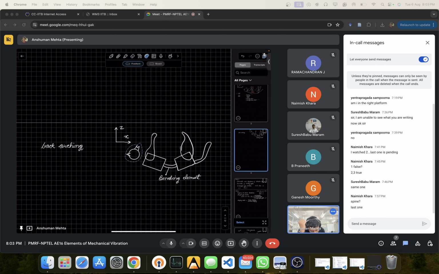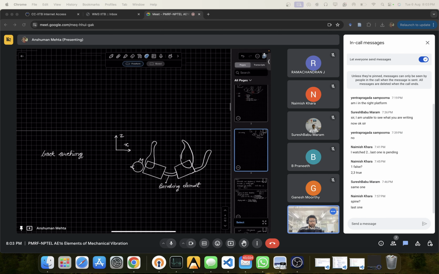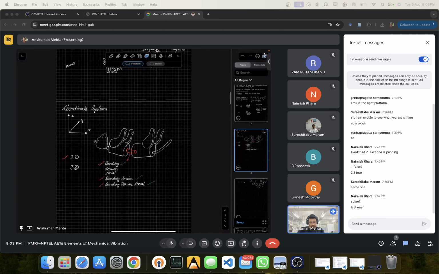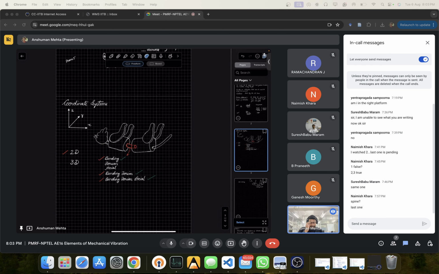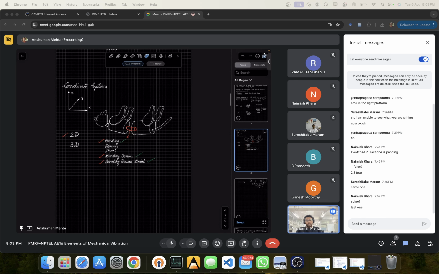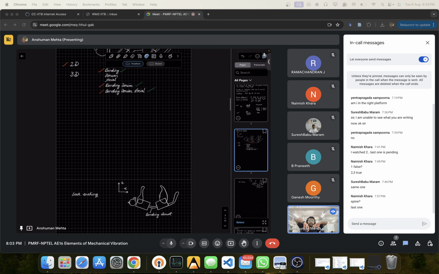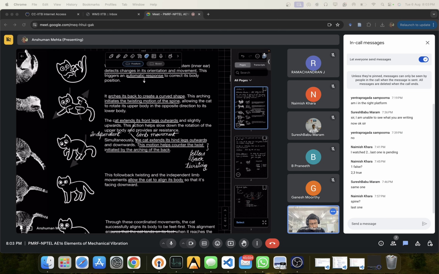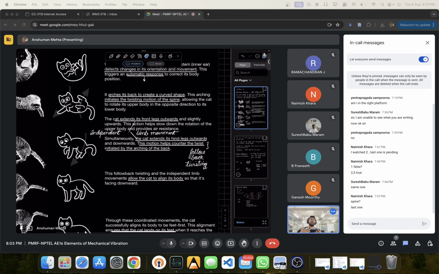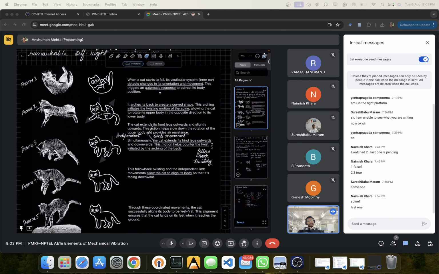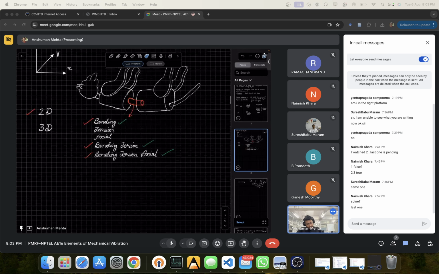The head is connected. So first of all, this figure we can say it is a bending, and now what is happening is it is bending like this, okay, but it's also twisting. As you can see, this arcing initiates the twisting motion of the spine. So it is twisting also, and the twisting and bending cannot happen in the same plane. So essentially, it is a 3D problem.